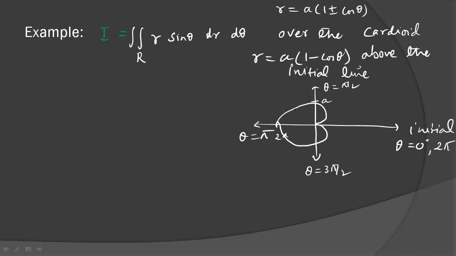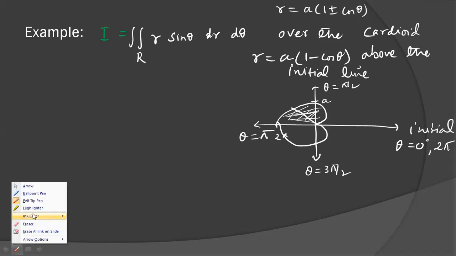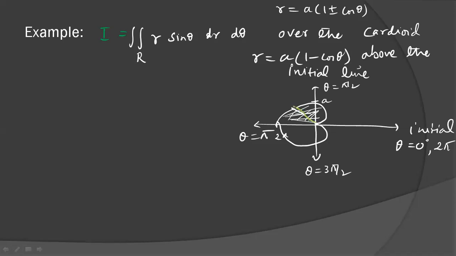Now you want this integration above the initial line. So this is above the initial line, and you draw the strip of r along a distance form. So you will get a strip like this. What will be the limits? Theta will be from 0 to pi, because above the initial line, theta is from 0 to 180.